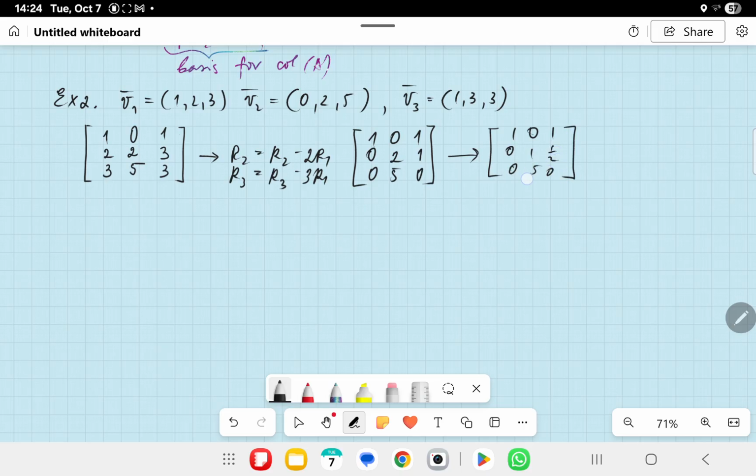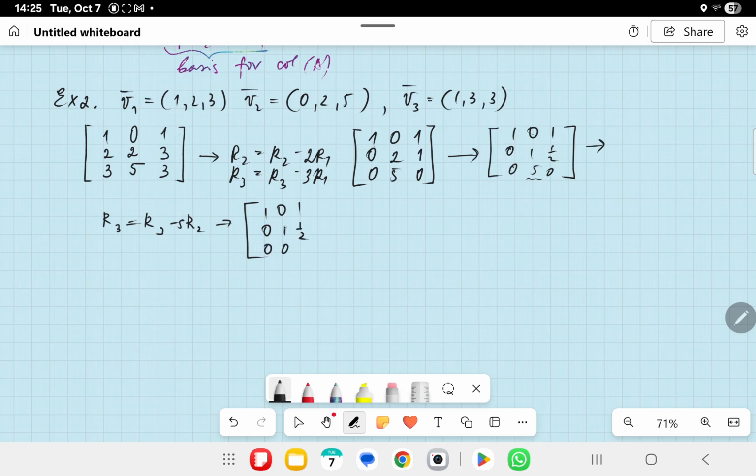And basically I just need to eliminate this 5, and that's going to give me all leading ones, or maybe non-leading ones. How to eliminate 5? I'm going to take row number 3 minus 5 row number 2, right? So let's have 1, 0, 1, 1, 1, 1 half, 1, 0.